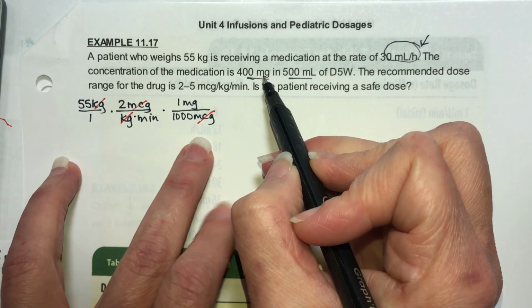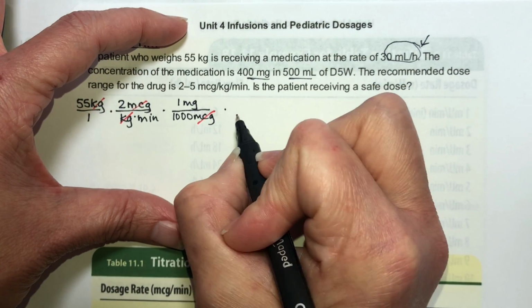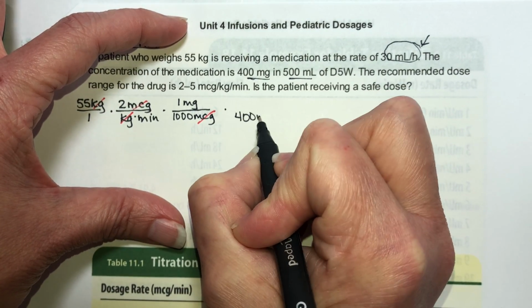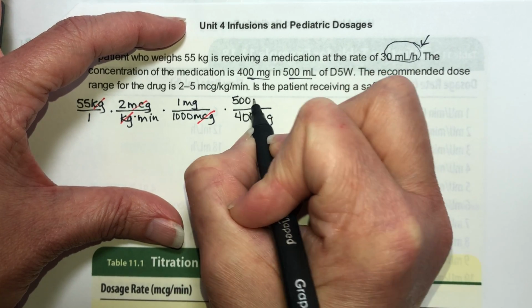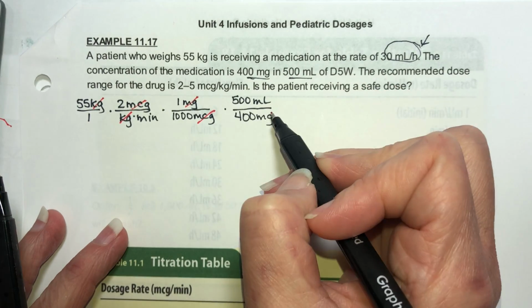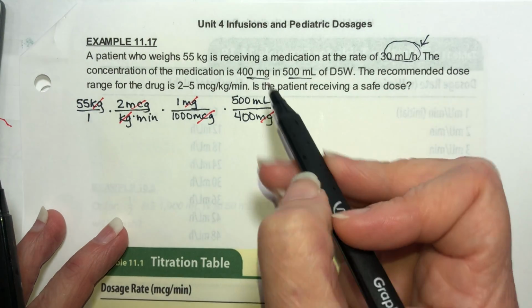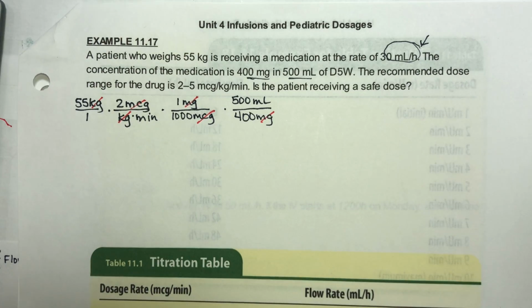All right, so let's use this, milligrams in milliliters. So I'm trying to get rid of milligrams. There are 400 milligrams in 500 milliliters. And now my milligrams are going to cancel out, which is good. And I have the milliliters I need. I just need an hour, and right now I have a minute.